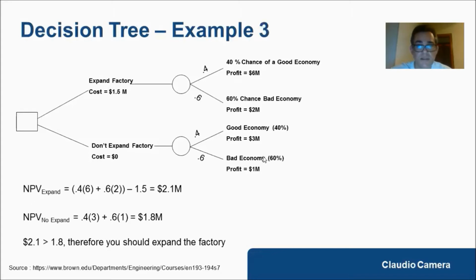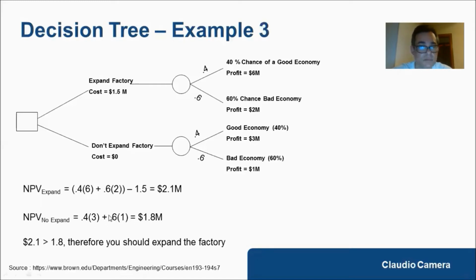In the second scenario, you don't expand the factory, so it will not cost you anything. In a good economy, 3 million multiplied by 40% is 1.2 million. Plus 1 million in the bad situation multiplied by 60% gives 0.6 million.